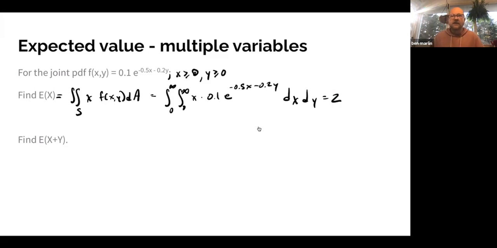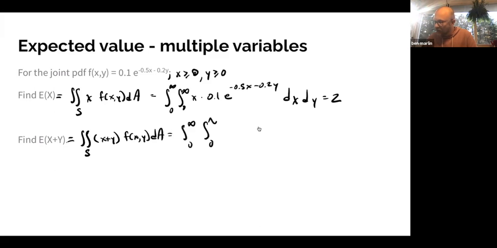Then the second piece on this says now we're going to have, and I could totally ask it to be doing the expected value of y as well, but I purposely chose here to have just another function. And so the function here is going to be x plus y, f of xy dA. So then I'll do the integral 0 to infinity again on both of those.